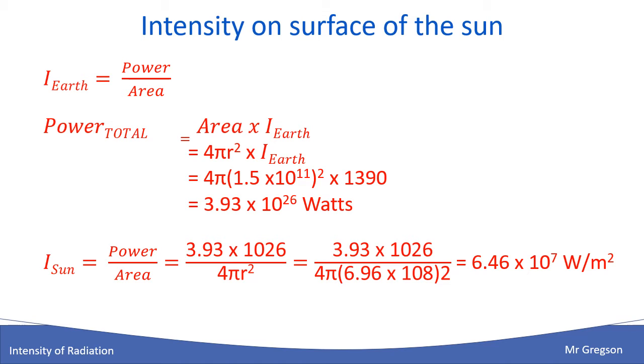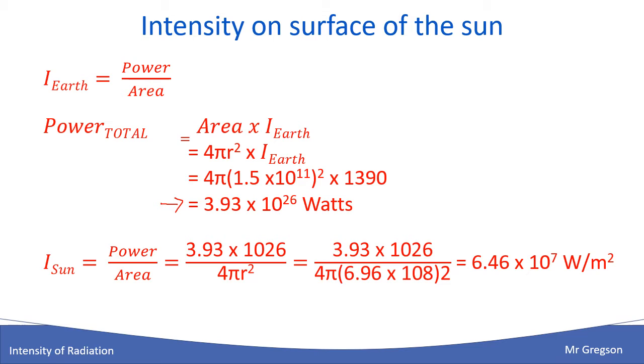The surface area of a sphere is 4 pi r squared, times intensity. Following that through, we get this value of 3.93 times 10 to the power of 26 watts, which is a fairly large amount of power. And if you want to work out what the prefix is for that, go for it.